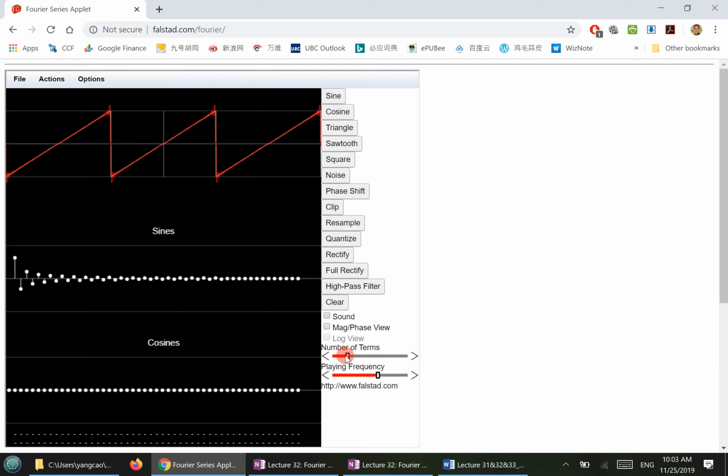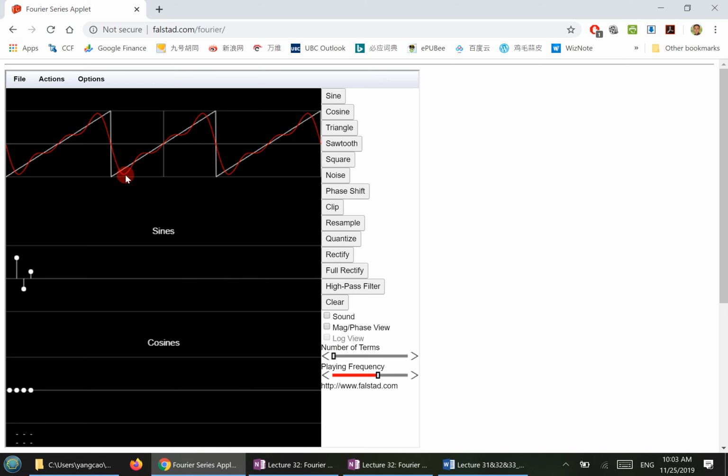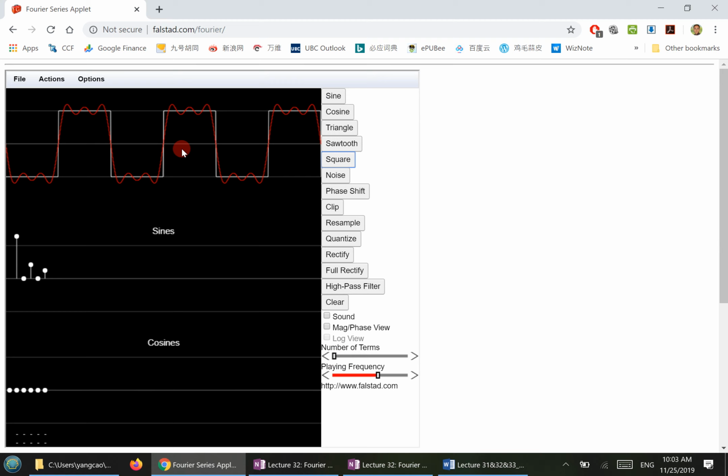And you can adjust the number of terms. That shows you, with the different number of terms, what the approximation will be, right? So the more terms, the more accurate the approximation. And it can also do a square wave, and that's fine too.